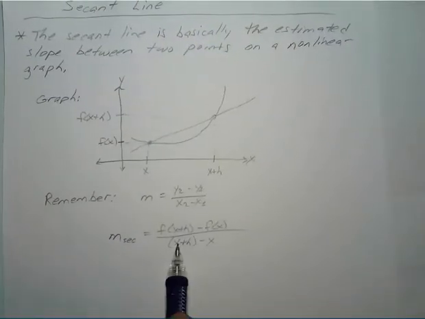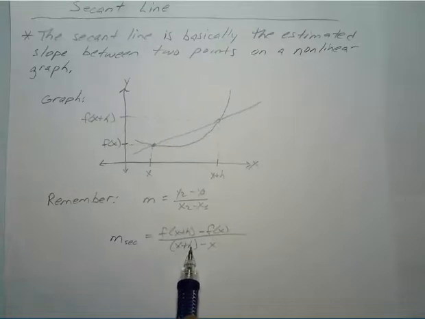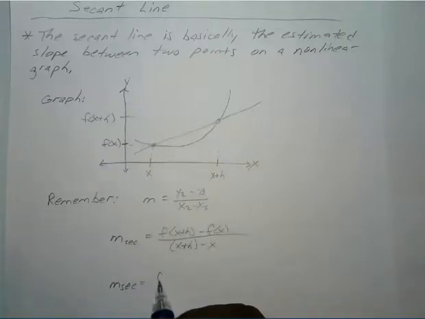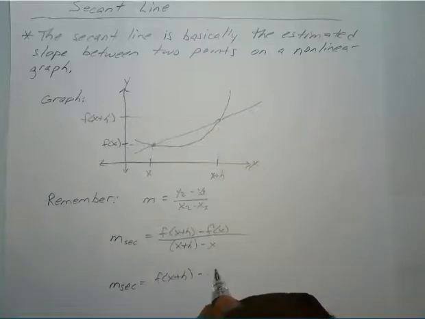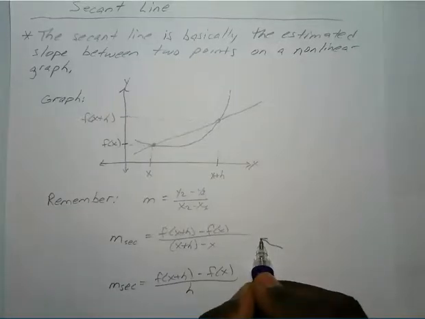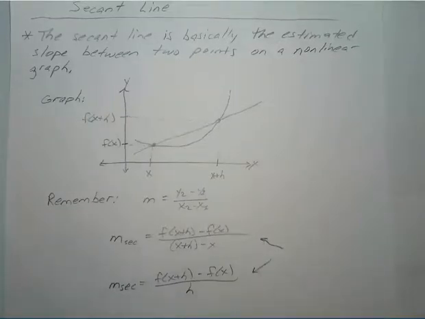If you see here, you have x plus h minus x, which really just gives you h. So it's f of x plus h minus f of x all over h. You can use either one of these, it doesn't matter at all.